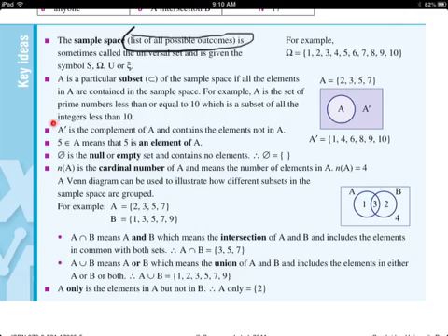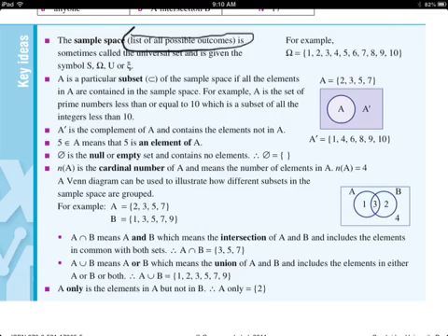Now, A prime, this little tick, is called the complement of A. If you think of complementary angles, it's the two things that add up to an angle's size. So in this case, we're talking about the two things that add up to create the sample space.